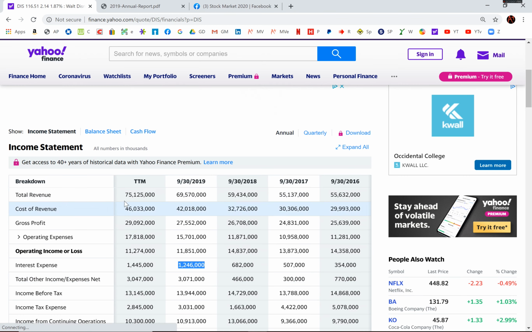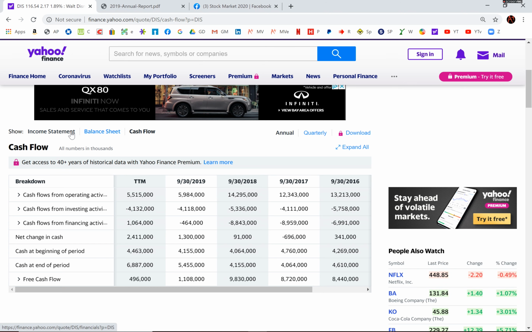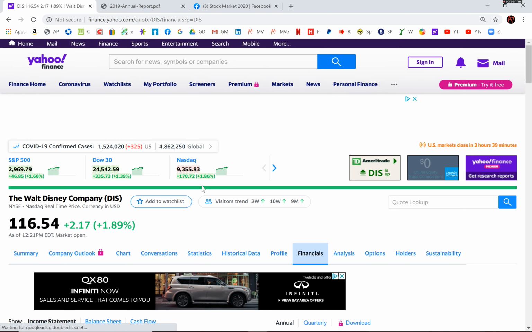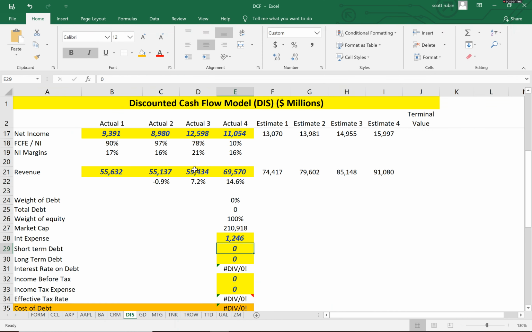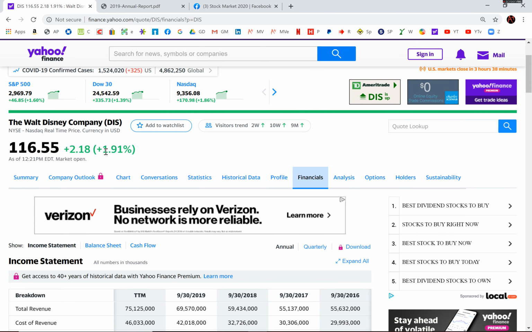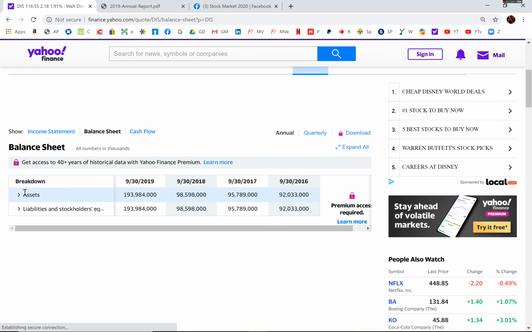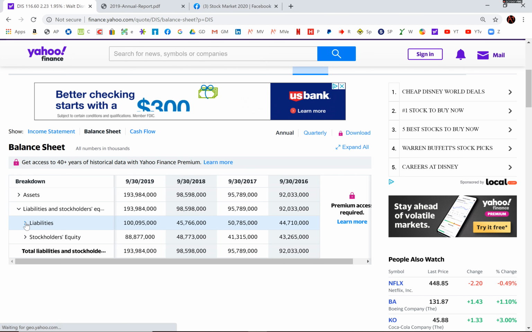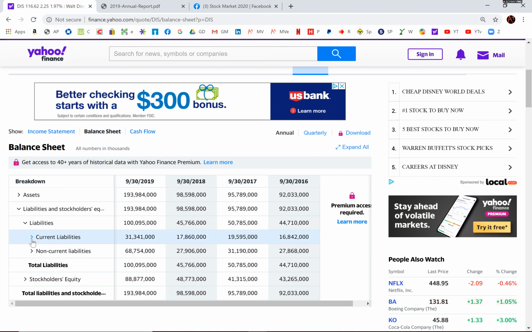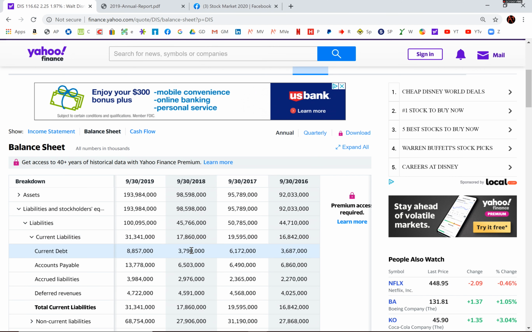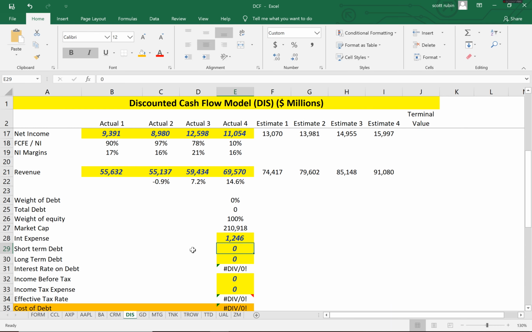So we're going through the capital structure because we need to figure out how much to discount the free cash flow by. So we want to figure out how much debt they have, and the current debt is debt due within 1 year. And they have 3.8 billion.